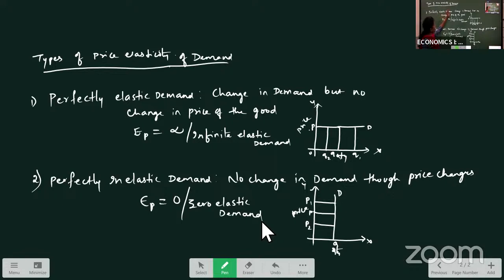So this way we have perfectly elastic demand and perfectly inelastic demand. Elastic demand means changes in demand will be there, but no change in price. Perfectly inelastic means no change in demand, though the prices are changing. So these are the two types of price elasticity.